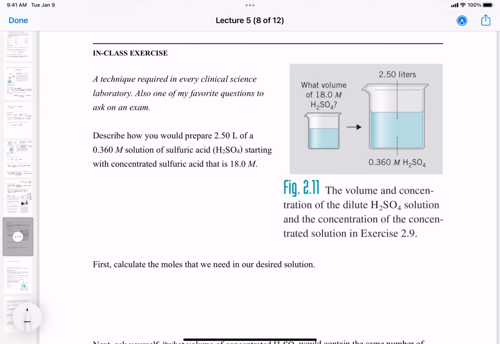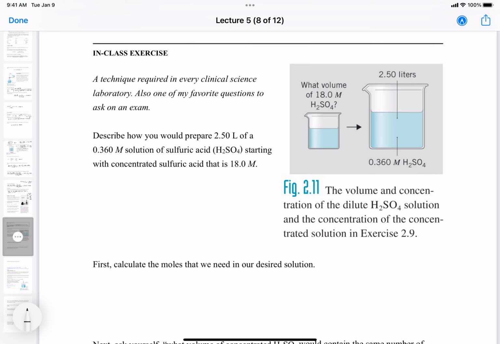Okay. So let's describe how we would prepare 2.50 liters of a 0.360 molar solution of sulfuric acid, starting with concentrated sulfuric acid that is 18.0 molar. Looking at our picture here, we want to figure out what volume of 18 molar sulfuric acid will give us a diluted solution of 0.360 molar H2SO4 that is 2.50 liters.